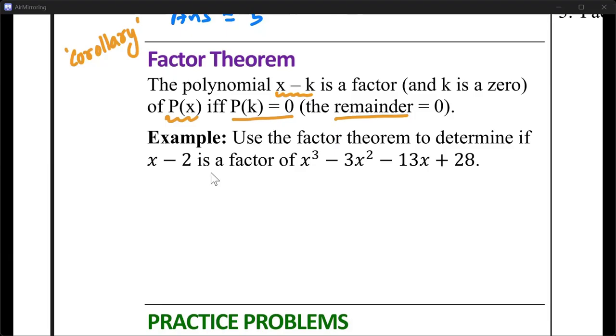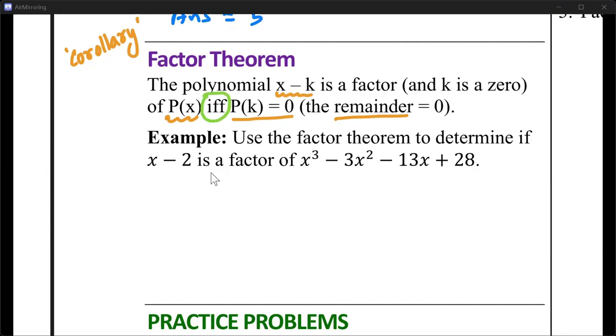And in that sense, factor theorem is only taking the statement of the remainder theorem, which says that the remainder is p of k. Now you are saying if that p of k is 0, that is the remainder is 0, then x minus k is a factor. Hence this is a corollary of the remainder theorem. The other thing is, please note the word if here.